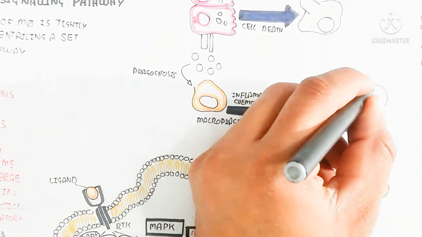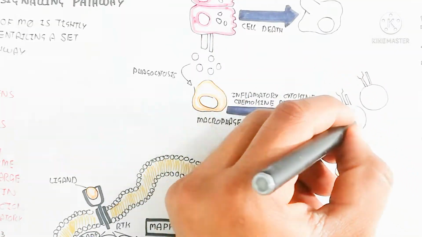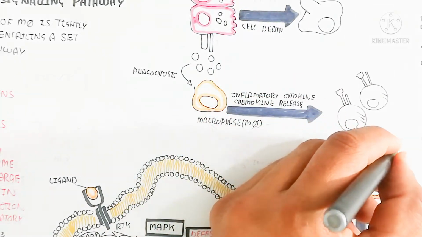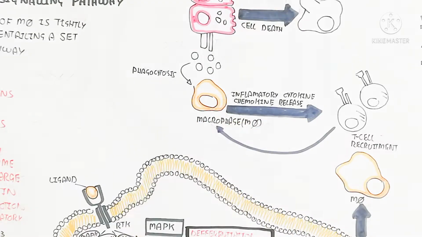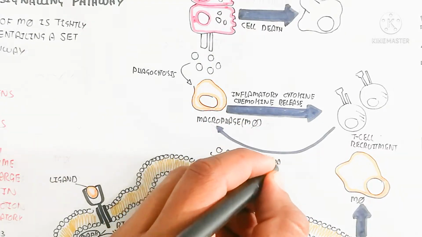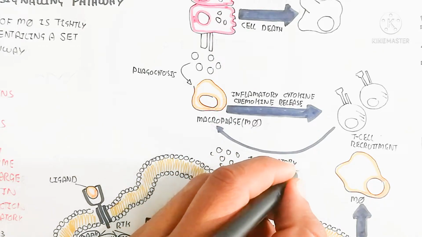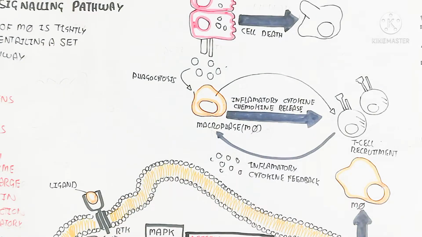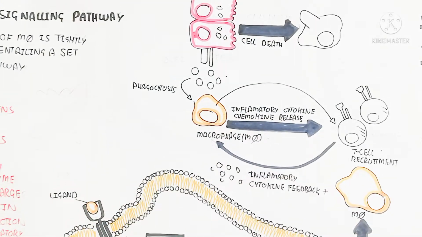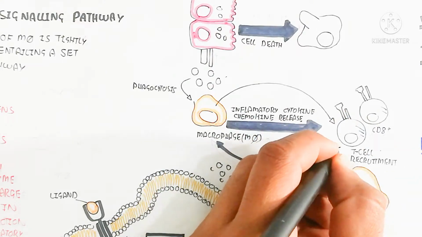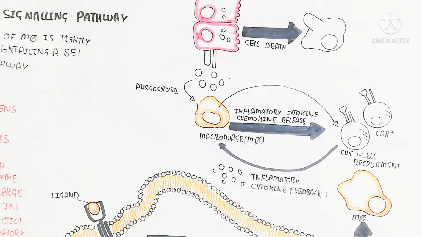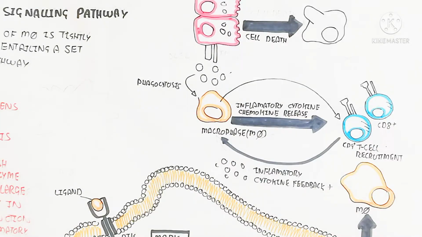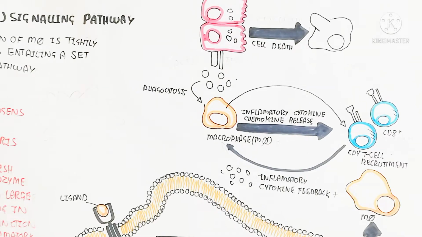After the binding, CD8 and CD4 T cells are recruited via the macrophage, which releases inflammatory cytokines and gives feedback. The antigens are recognized by MHC class 2 and MHC class 1 molecules for killing through CD8 T lymphocytes, and recognized through CD4 T lymphocytes, which produce antibody by stimulating the B cell into B memory cells and B plasma cells.